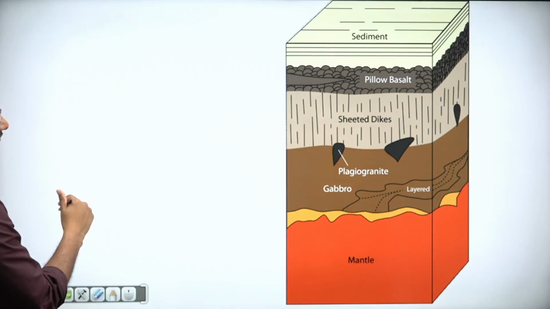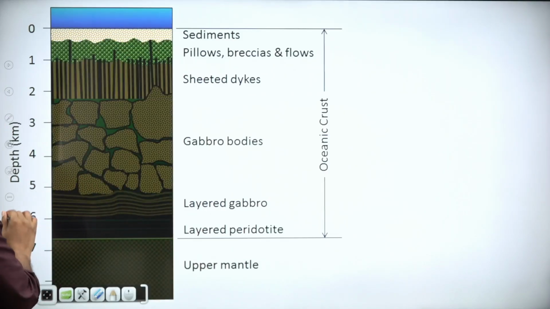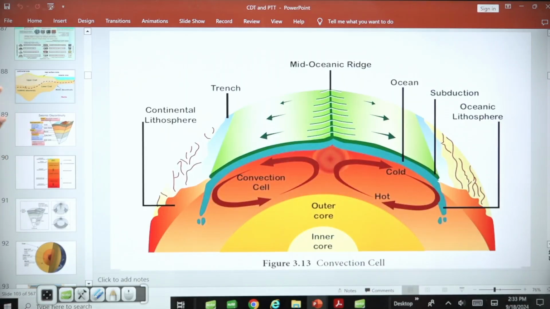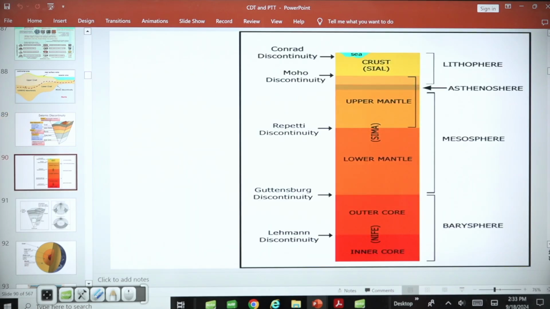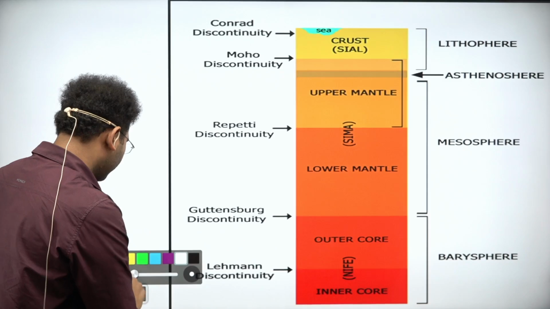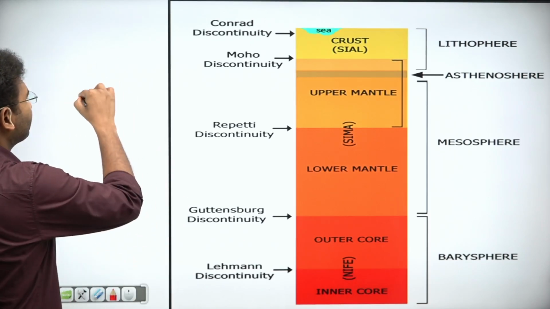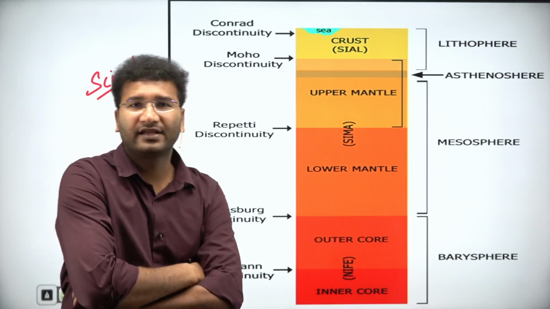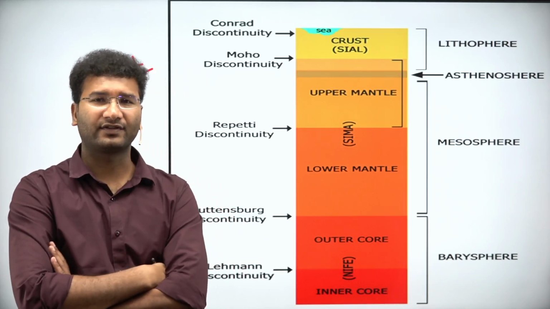And see, one more concept that I wanted to tell you, though that is not there in the NCERT, but I wanted to give you this, that is the discontinuities. See, discontinuities basically, there are a few scientists, and these scientists have studied various layers in the interior of the earth.